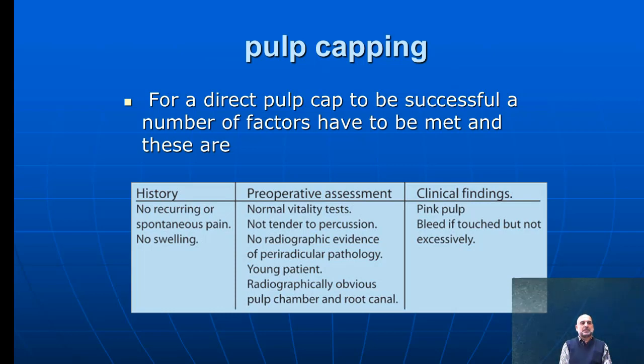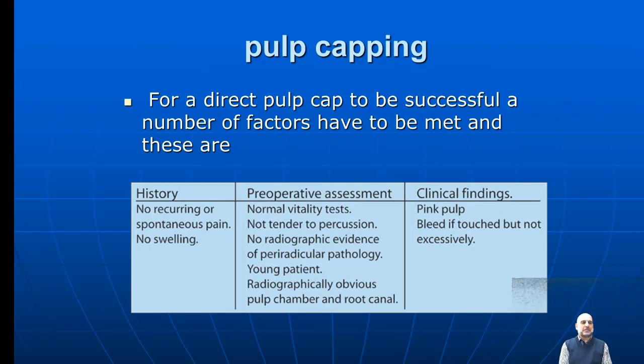Tenderness to percussion indicates apical periodontitis, an extension of inflammation from the pulp to the periapical area. No radiographic evidence of periradicular pathology. In the X-ray, we must not see thickening of the periodontal ligament or other lesion that would indicate extension of inflammation to the periapical area.